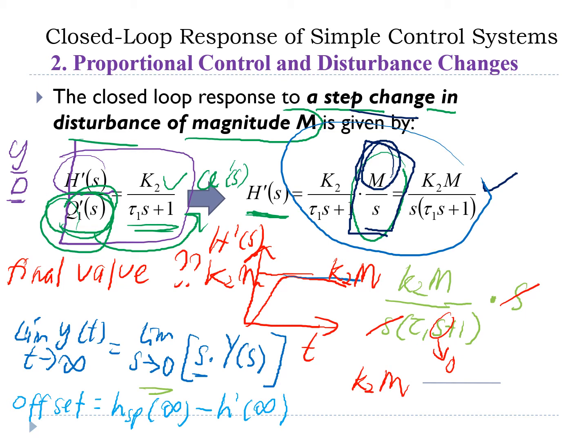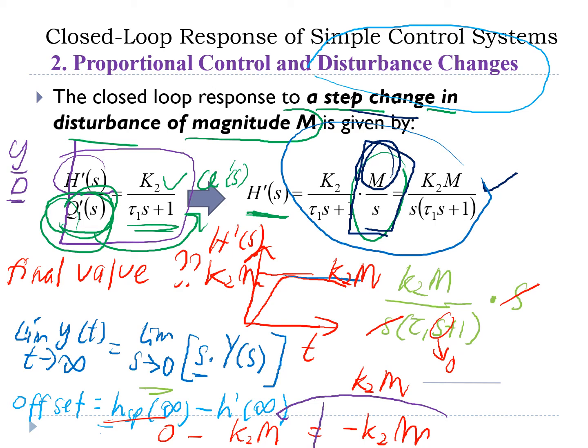For a regulator problem, for a disturbance change problem, we assume that your set point is equal to 0. So 0 minus the final value, K2M, equals negative K2M. So you know that negative K2M is your offset.